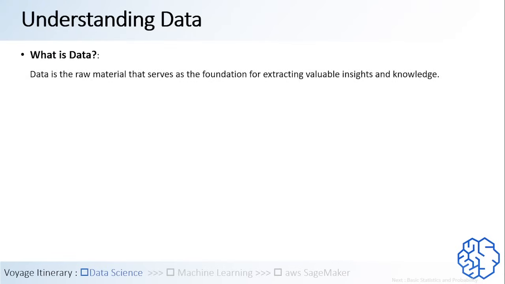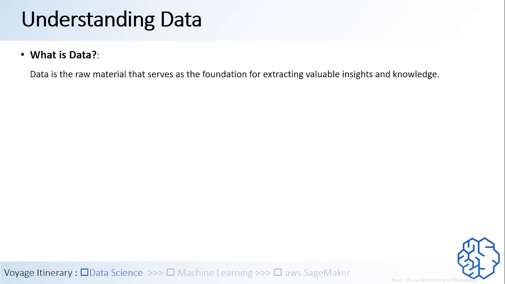The formal definition is basically, and this is not the only definition, data can be defined in 1,000 different ways, but at the very core, data is a raw material that serves as a foundation for extracting valuable insights and knowledge, right? Now let that particular piece of information settle in.